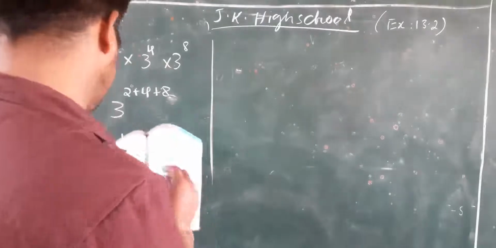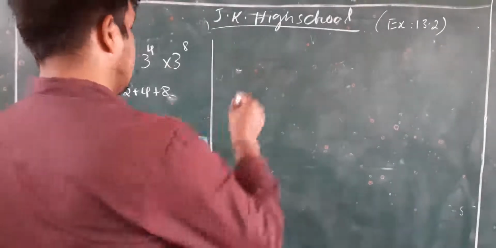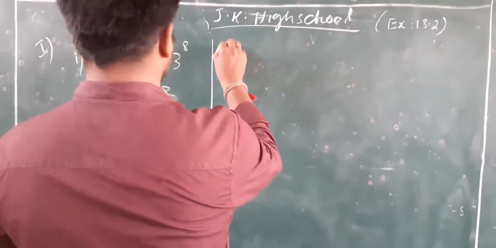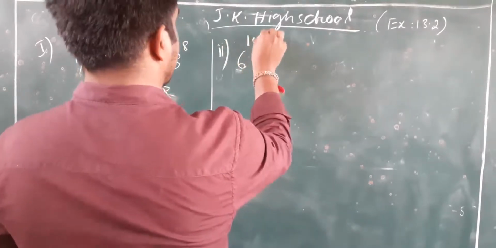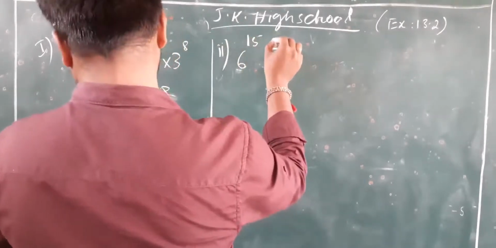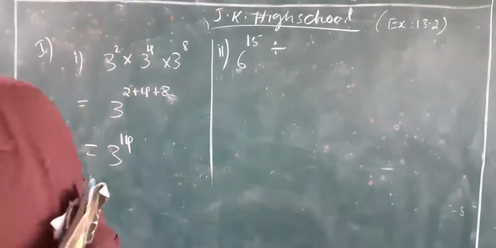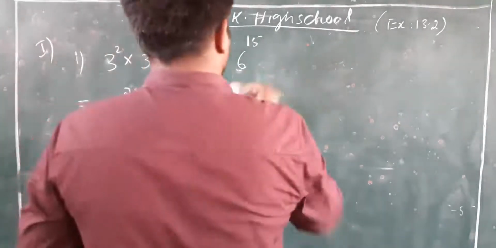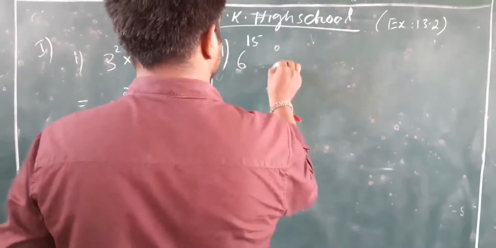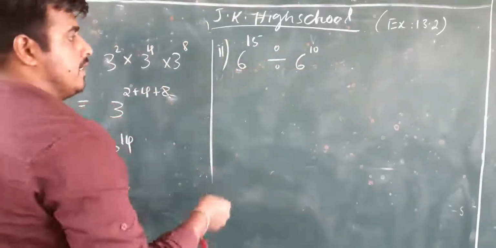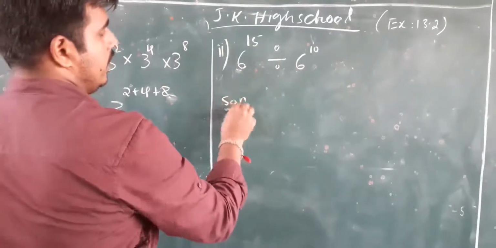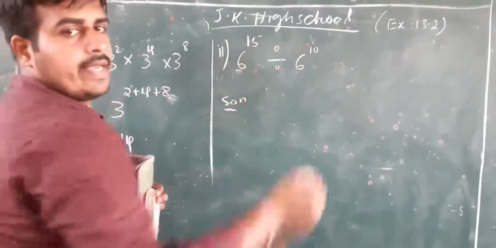Second question. 6 raised to 15 divided by 6 raised to 10. Solution. a raised to m divided by a raised to n.